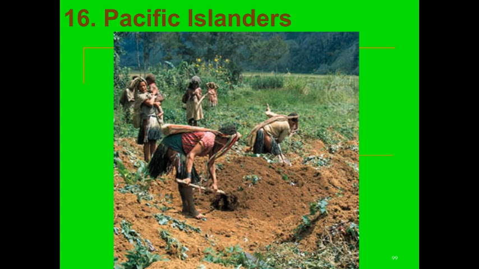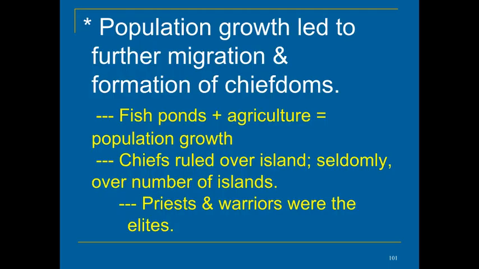It led to population growth, and therefore, before they ran out of resources, part of the population had to migrate somewhere else, to another island, further and further away. So that's how, starting from Southeast Asia, they slowly, for hundreds and hundreds of years, migrated across the Pacific Ocean.